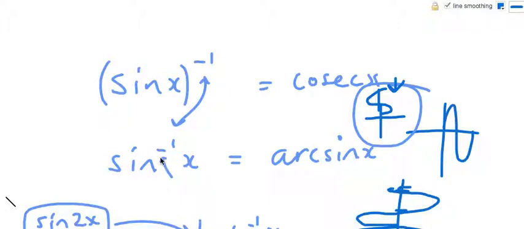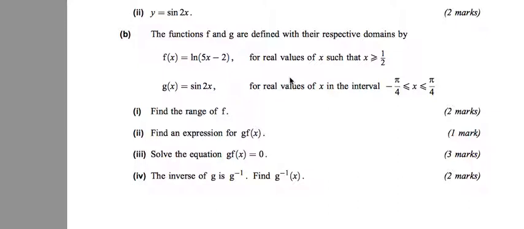If we put inverse sine just on the sine part, it's saying do the reverse of sine, so inverse sine on x. It's also known as arc sine x, which is something you might see around. And that's all I asked on that one, the inverse of g, so we found it.